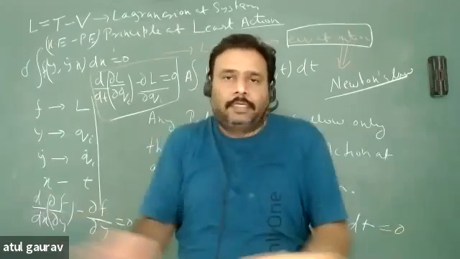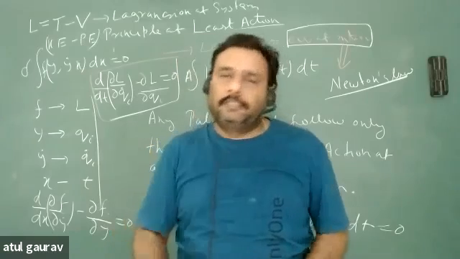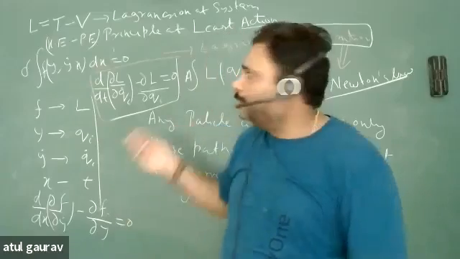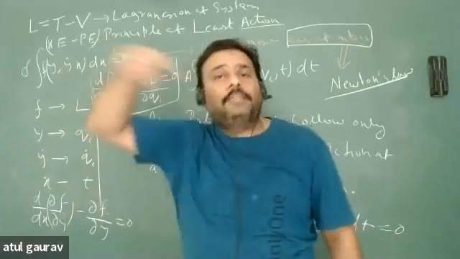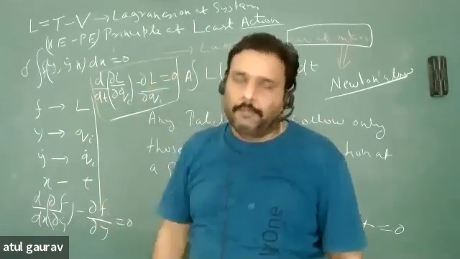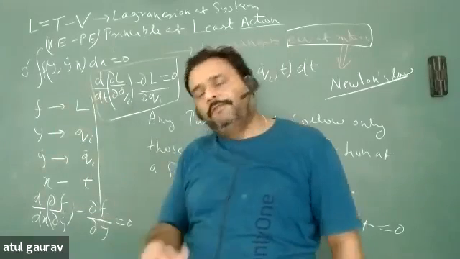Action does not have any physical meaning. This is all about mathematical relationships. So why have we taken the action such that L is equal to T minus V? Because we need the equation of motion to come from this formulation. So when we solve the problem, we can see.